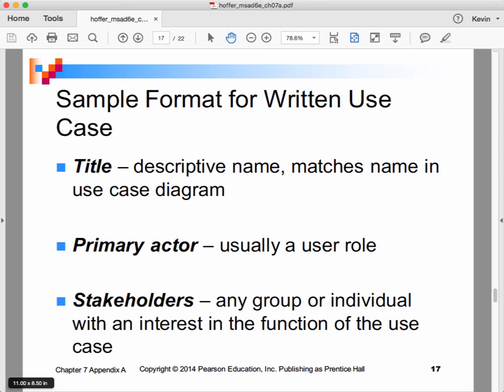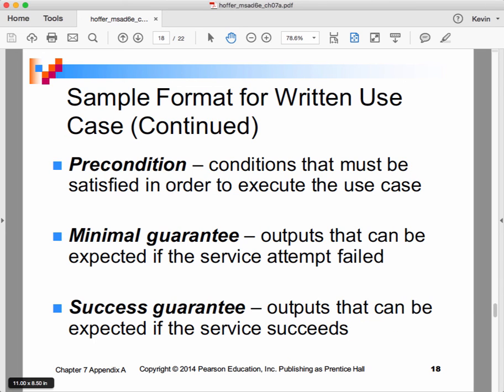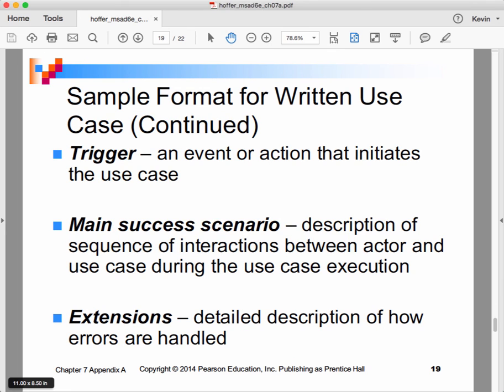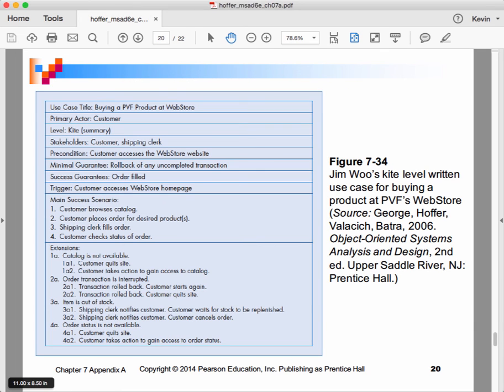Here we have a format for the use cases, and again, we're going to have our own format. So I'm showing you these as a way to get an idea of what's coming along. There's a lot of information here about a use case.